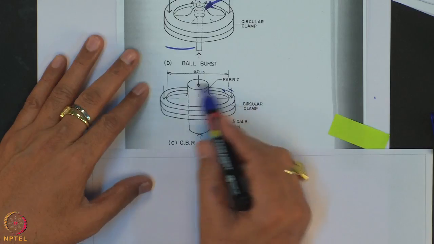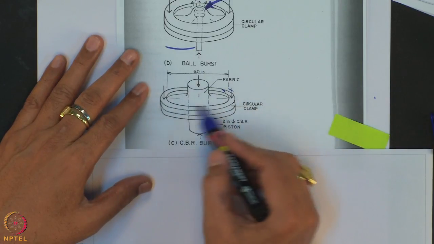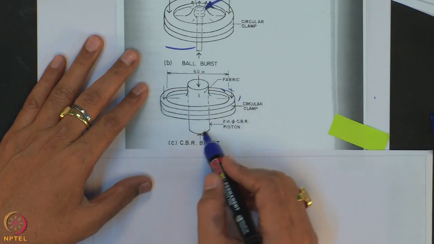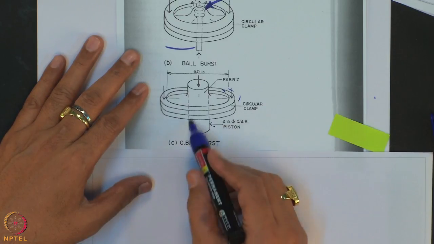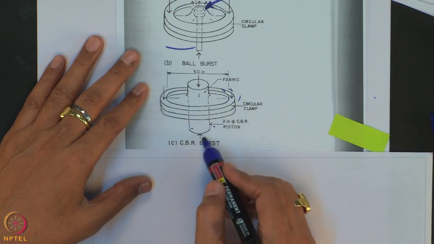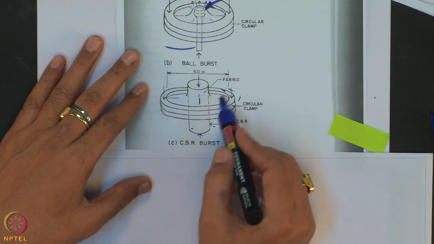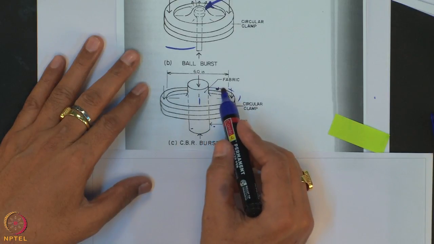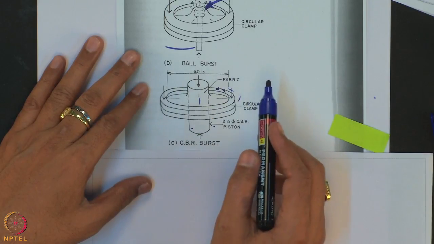There is another type of test which you call the CBR burst strength. This is the same as what I mentioned, this is the circular clamp and this is the 2-inch diameter CBR piston, and this piston is applied on the top of the geotextile material, whose diameter in this model is 6 inch.